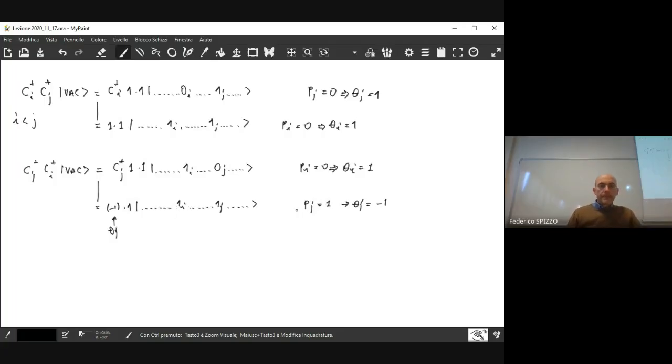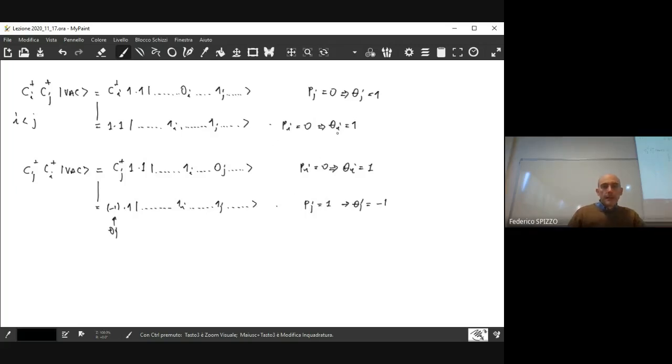So if we compare this situation with many occupied levels, with many more electrons in the system, we would have obtained exactly the same result. So a change of sign due to the fact that the value of P would have changed by 1 because one additional electron would have been injected into the system.